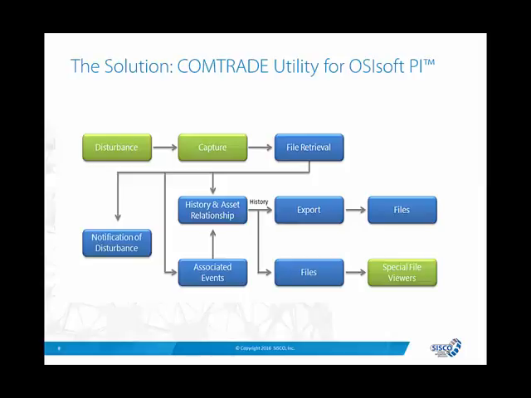The COMTRADE utility is then configured to go and look at these devices automatically on a scheduled basis to determine if there have been new configuration or disturbance files created. If there are new files, the utility generates the potential to use PI notifications to automatically notify that there are new events.